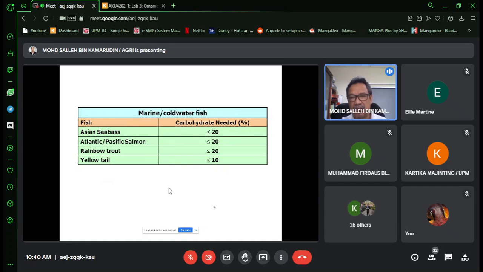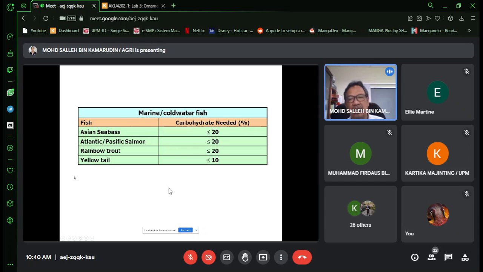Let's look at that's freshwater. Kalau marine and cold water, kita tengok Asian sea bass, ikan siakap. Tengok dia carnivorous, less than 20%. Dia tak boleh more than 20%. Pacific salmon or Atlantic salmon sama juga, dia less than 20%. Rainbow trout, another carnivore, 10%, 20%.